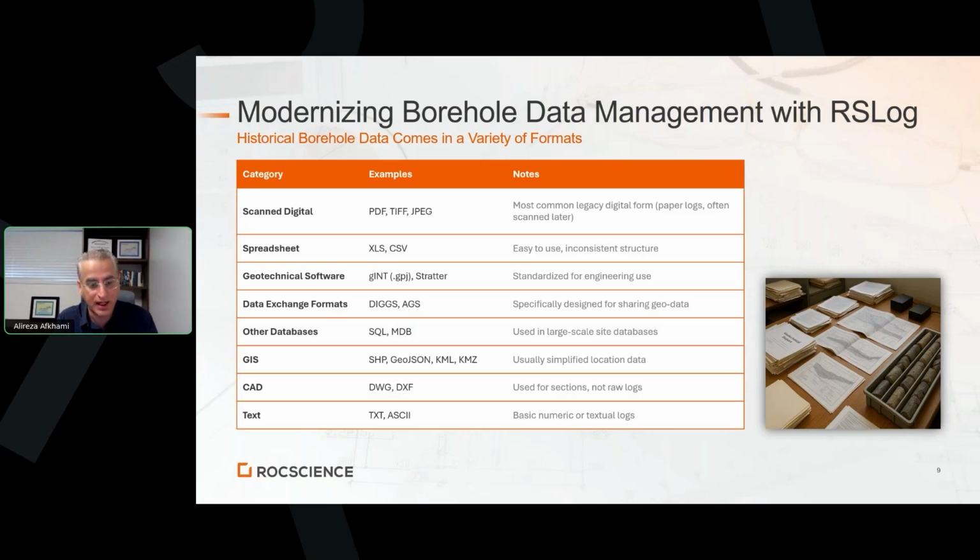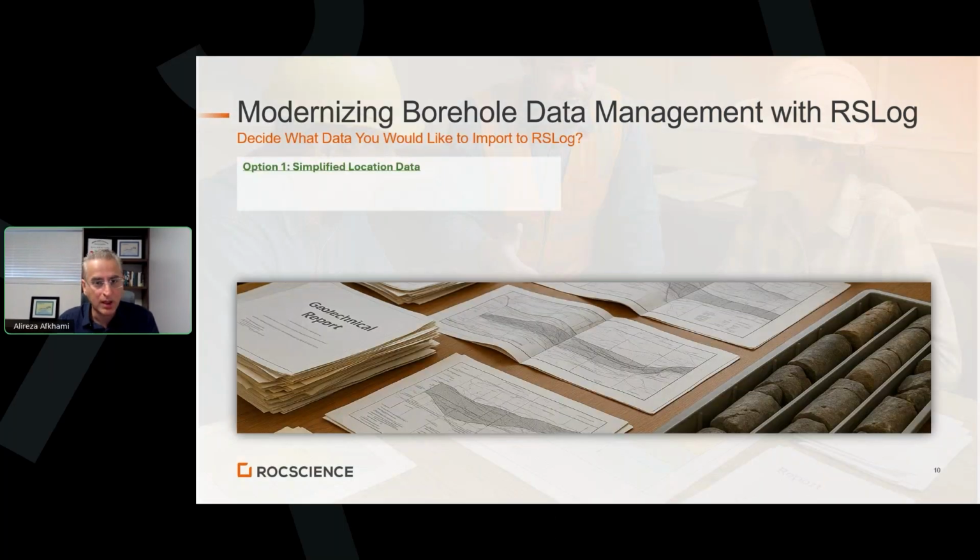So that's another challenge in order to bring in data. We also have good news for WinCore users. But the first step in starting to bring in your data is always to decide what you want to bring to RSLog.